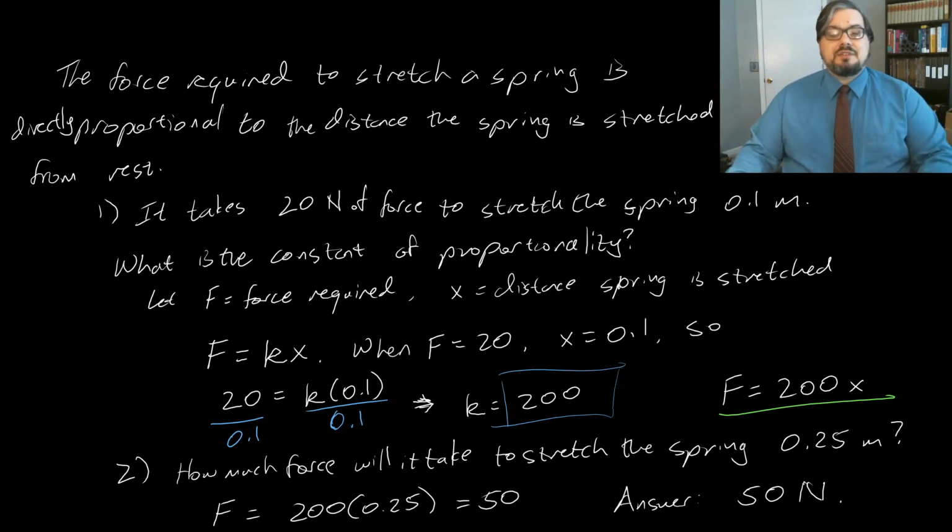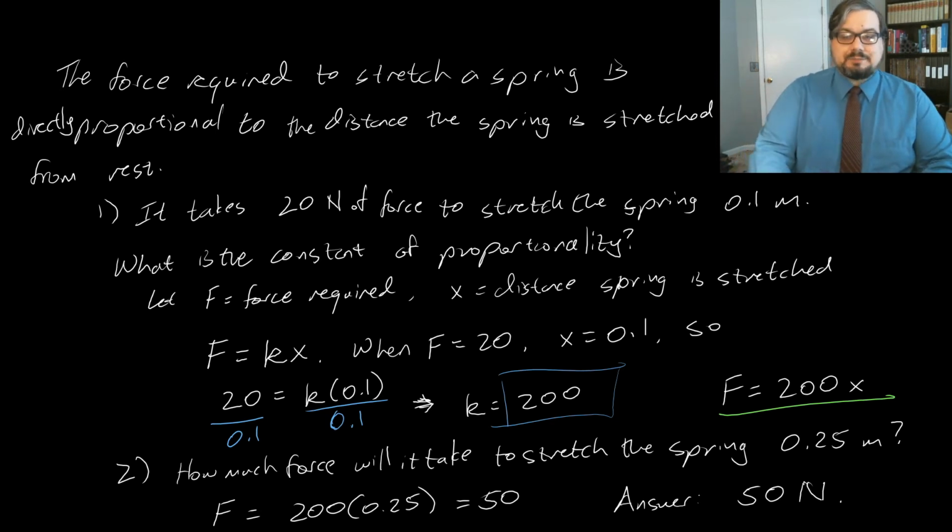And these are the standard types of problems that you can get with direct proportion. The other thing that we might do is it might not be the case that a quantity is directly proportional to just another quantity, but some algebraic expression involving that quantity.